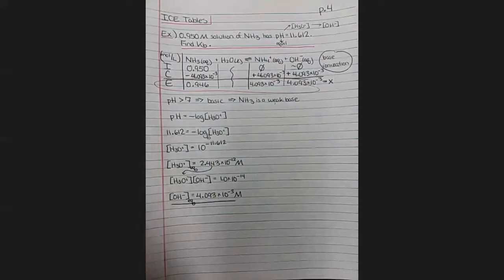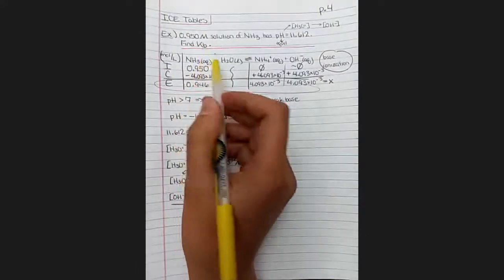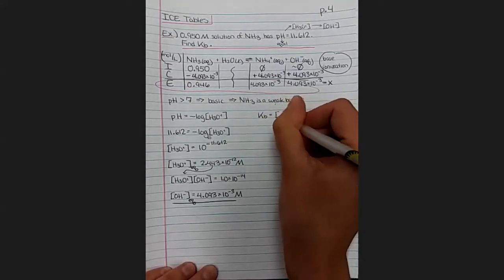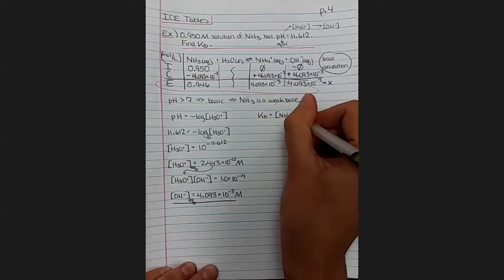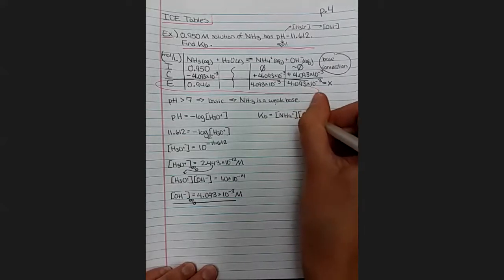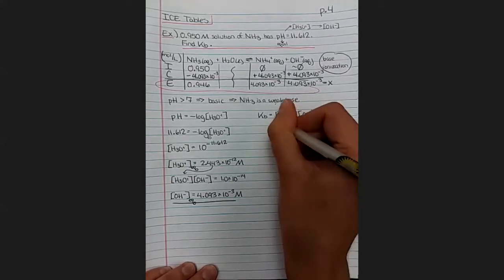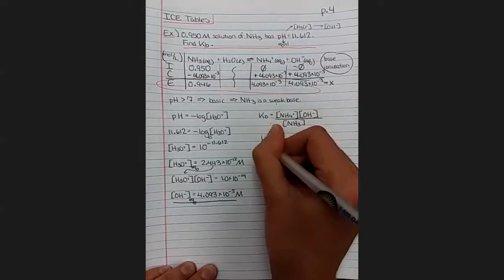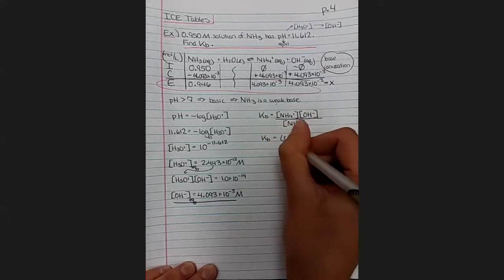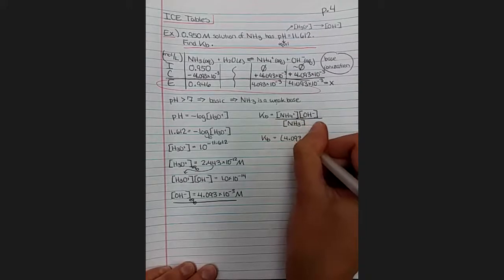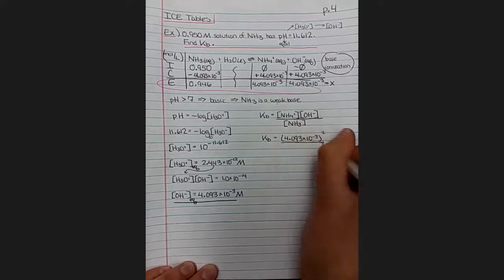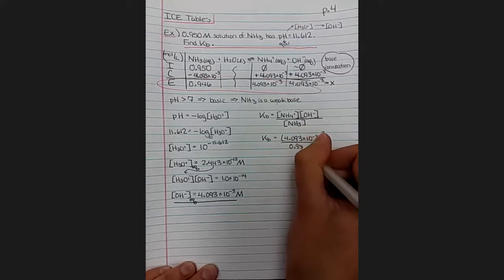We filled in the E column with numbers, and now we have enough information to solve for K. So our KB is products, ammonium times hydroxide, divided by reactants, ammonia, so it's going to be our ugly number, 4.093 times 10 to the negative third squared over 0.946.